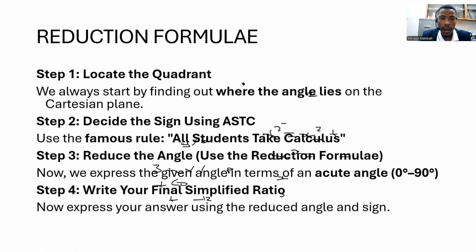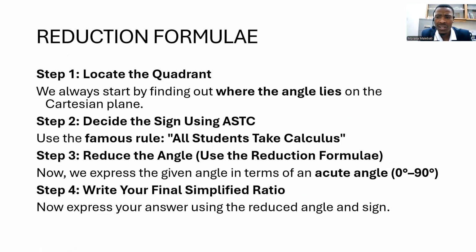So now we are into another chapter, which is reduction. You know that to reduce is to make something simple. So in reduction, we are trying to make things very simple. The steps that we take in this chapter: the first step is to locate the quadrant.